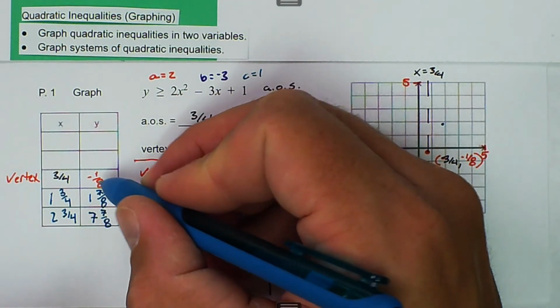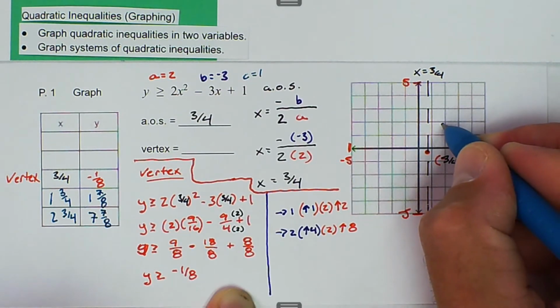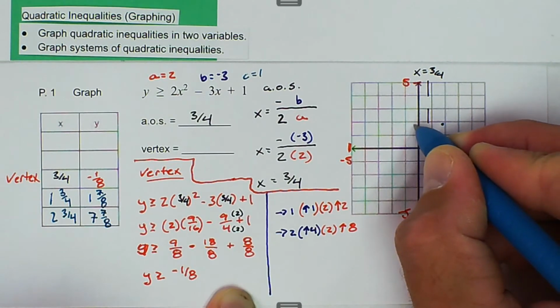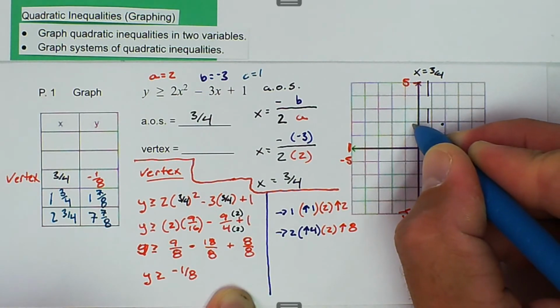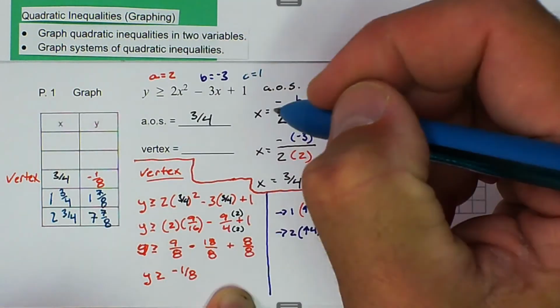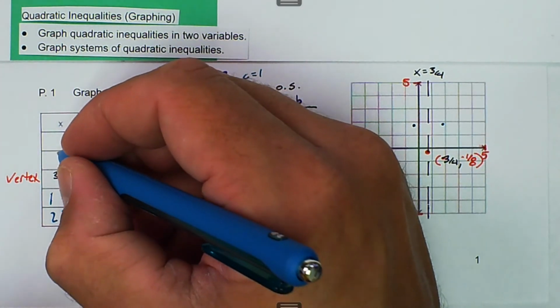So when we go to graph the other side, we can count over. Over 1 says negative 1/4 for the x value.